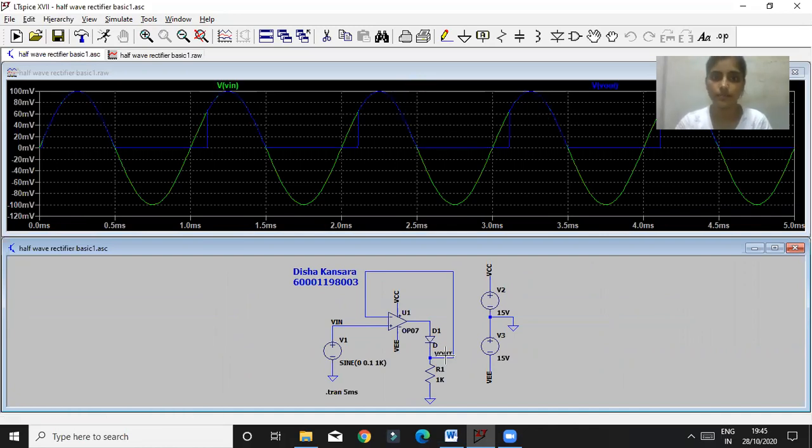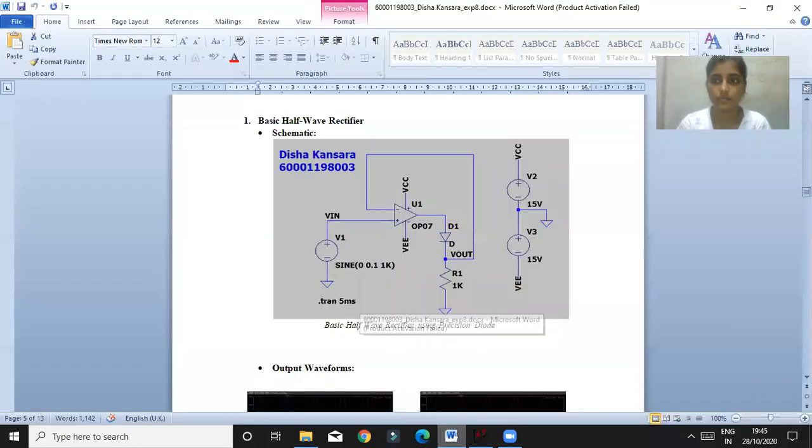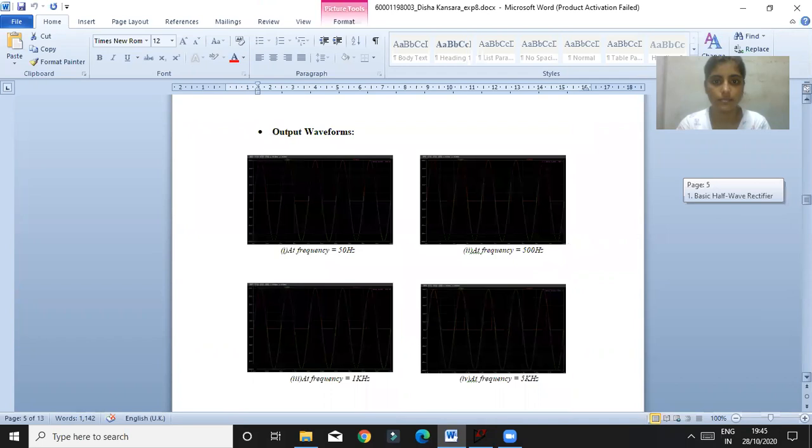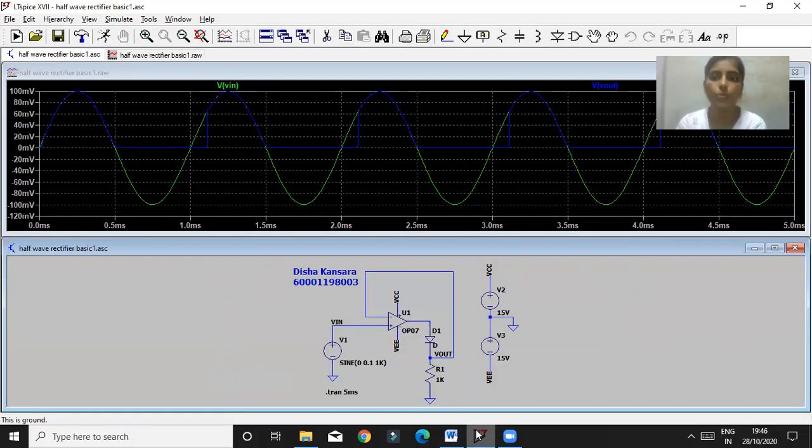So yeah, this is the output for 1 kilohertz.